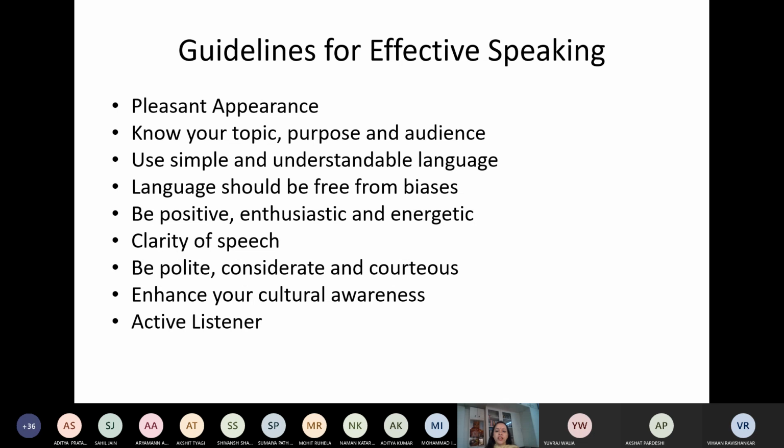I always tell my students one thing: as freshers in any organization, the manner in which you give your presentation is going to leave a long lasting impact on the people. Why? Because as a fresher, you don't have any experience, any backup, so to say, that he is known for this.